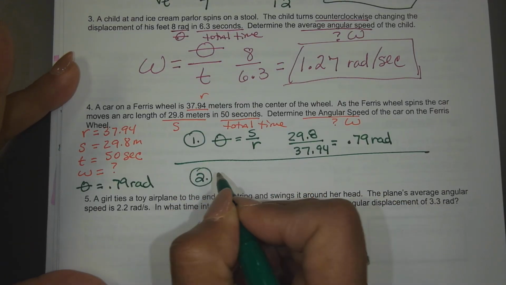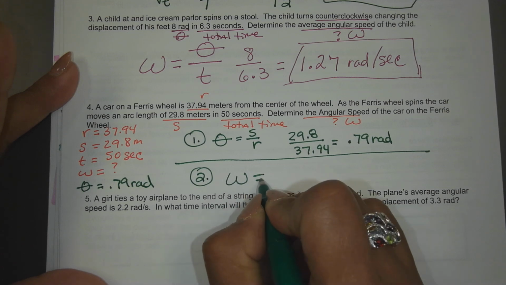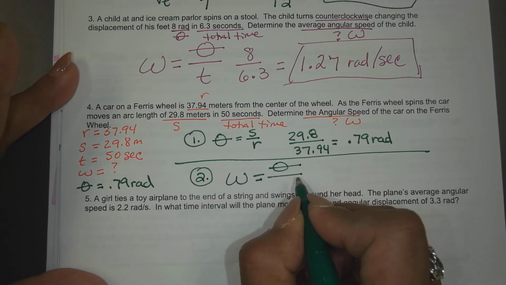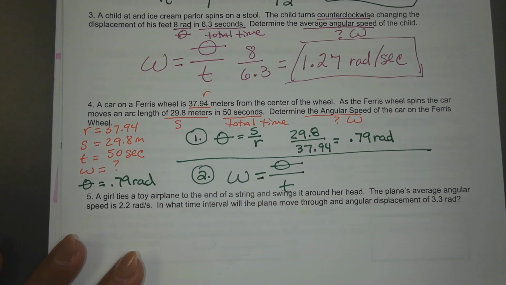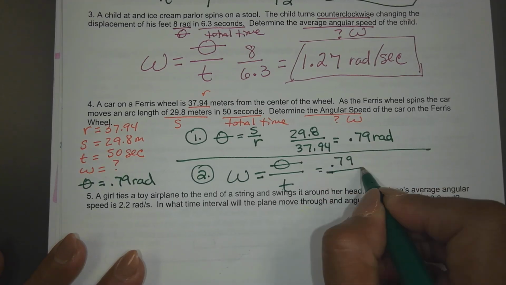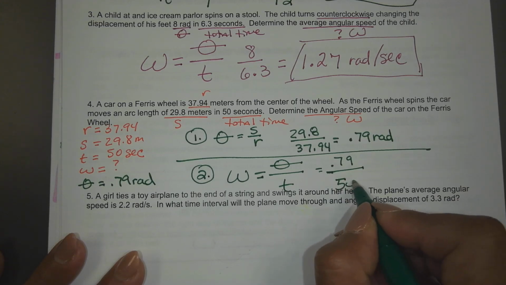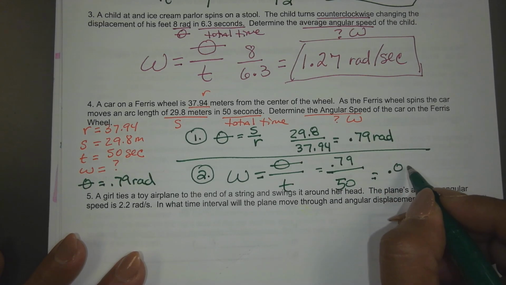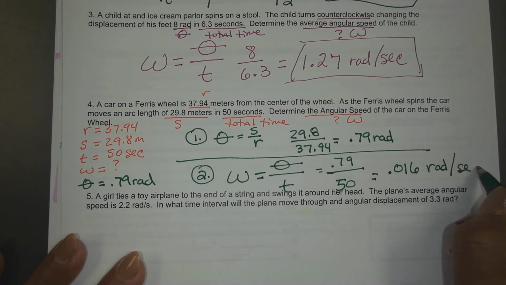And I'm going to say part 2, omega equals theta, or angular displacement, over time, not period, or 0.79 over 50 equals 0.016 rad per second.